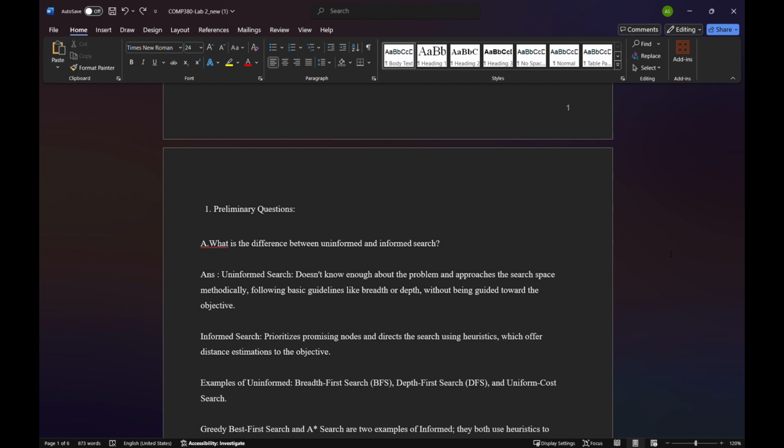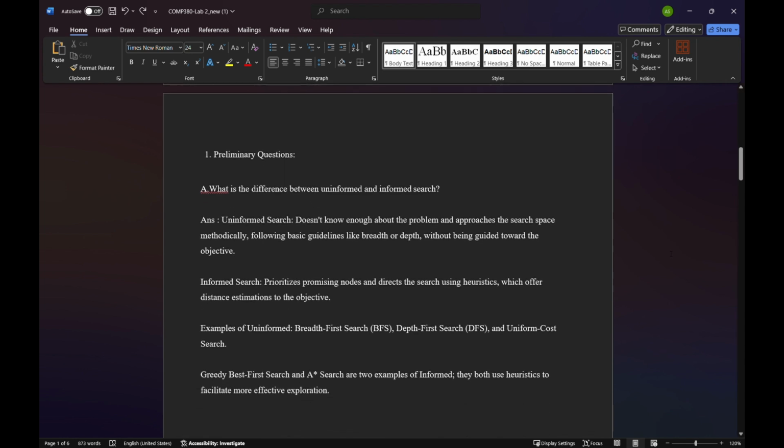For the first question about the difference between uninformed and informed search, the explanation goes as follows: uninformed search explores the search space without extra information and follows basic methods like breadth first or depth first, while informed search uses heuristics to focus on the most promising paths.